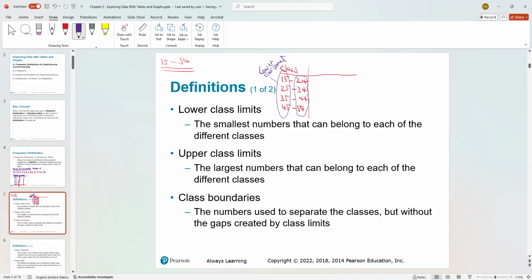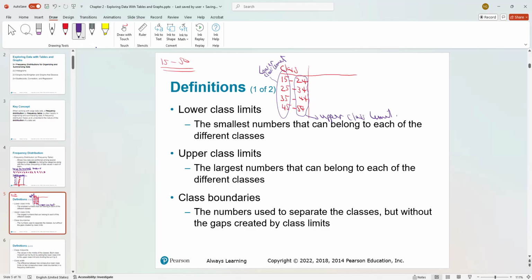The upper class limits are the largest numbers, so these are the upper class limits.